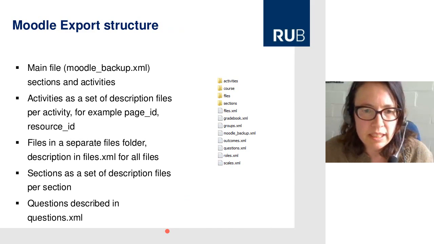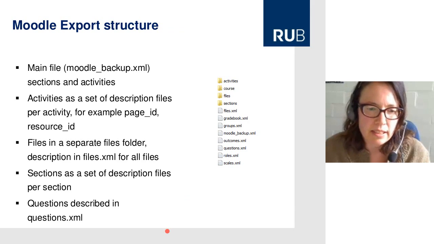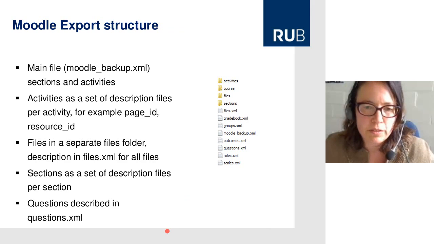For Moodle, it's of course different. You also have a main file, moodle_backup.xml, and there you have all the sections and activities listed. The activities are in separate folders, depending on the sort of activity.